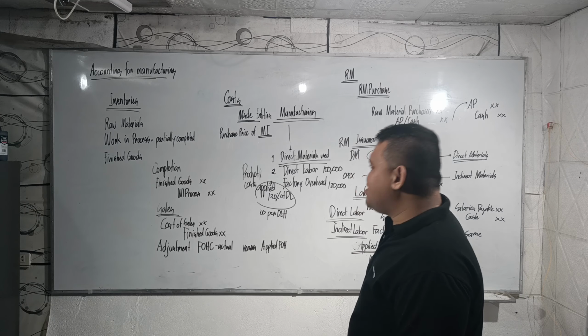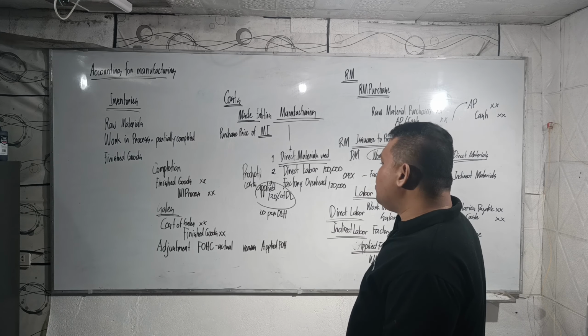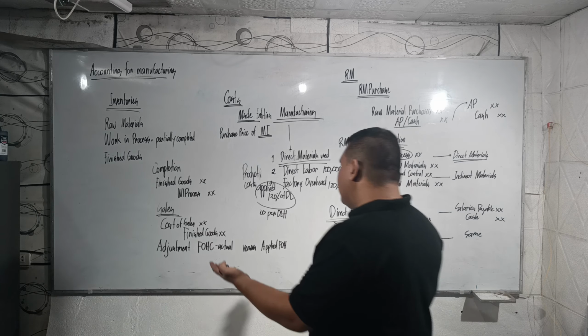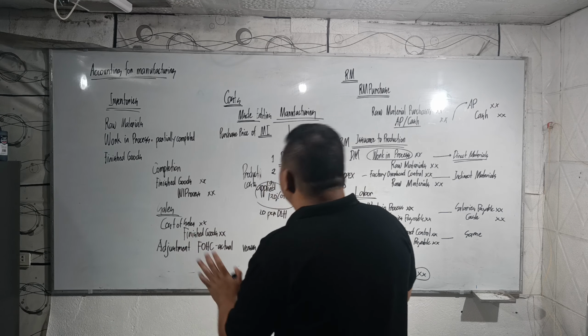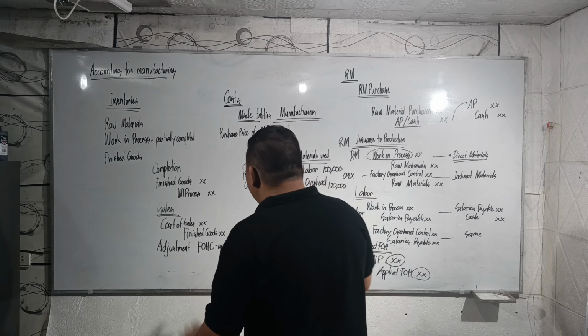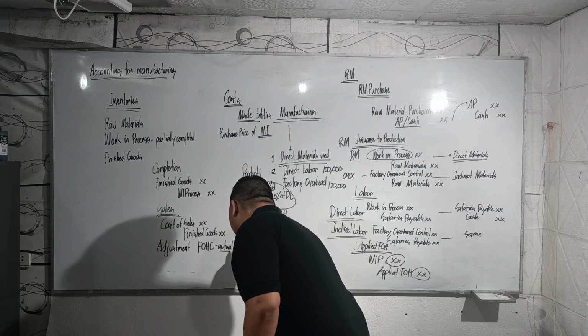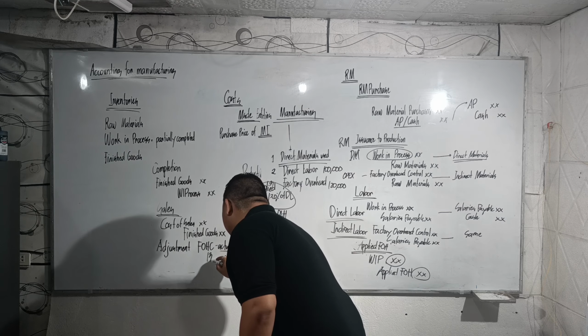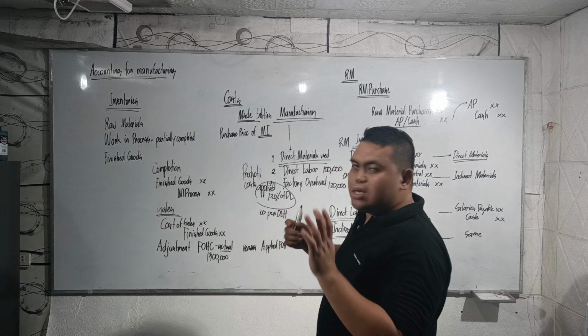What will happen? For example, it is on the end of the year already. You have to investigate, and after you investigated, after you got all the sources of the factory overhead, you have factory overhead control or the actual factory overhead of 1.3. Example, so that I could expound.